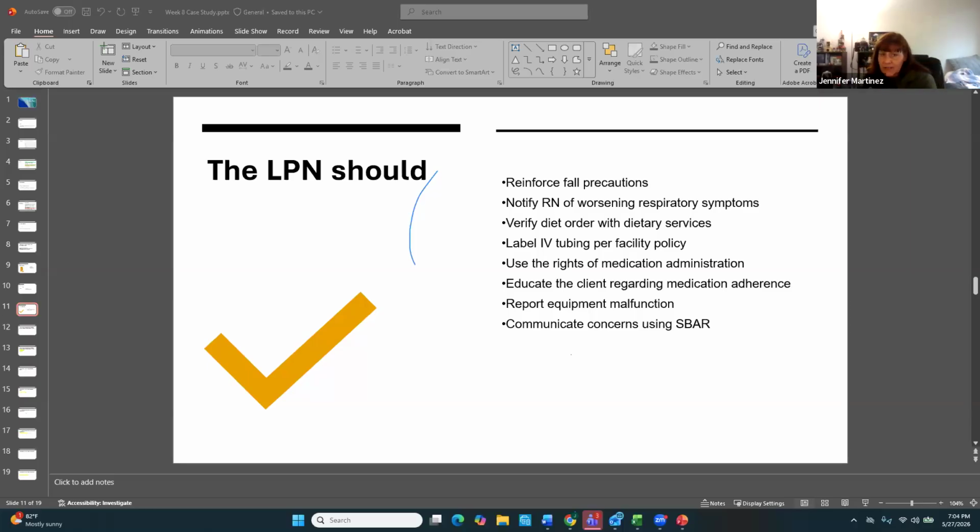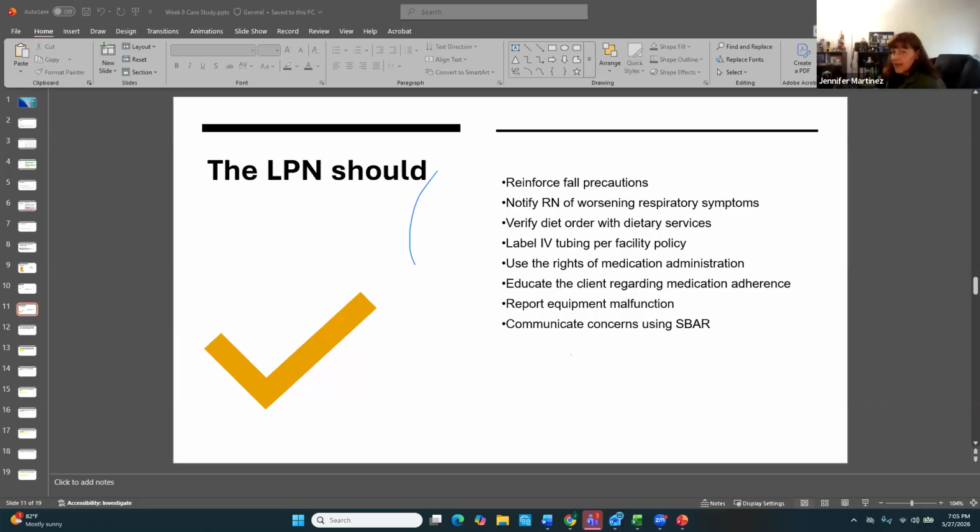You want to make sure that the RN knows about those worsening respiratory symptoms. You want to make sure that dietary knows about that diabetic diet so they don't send a regular tray again. Make sure you follow your rights of medication administration. We're going to provide education to our client regarding medication adherence, okay?